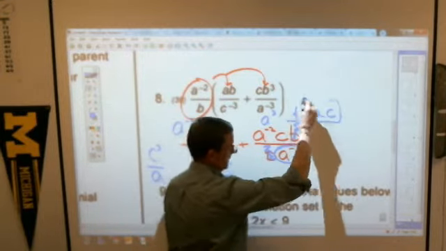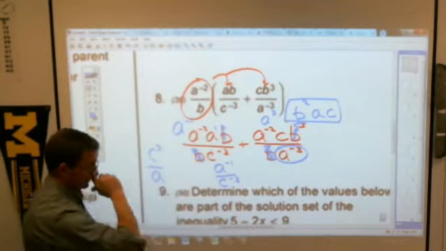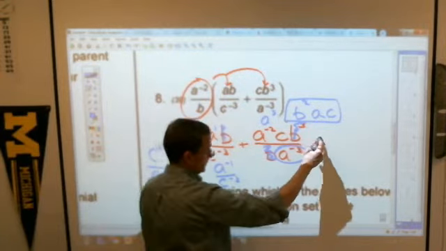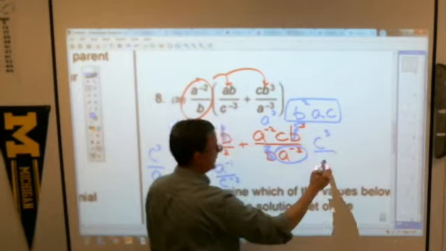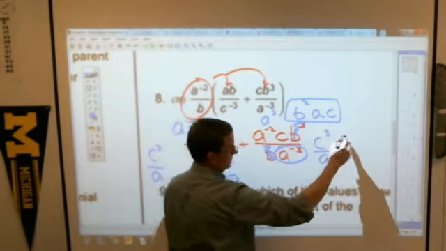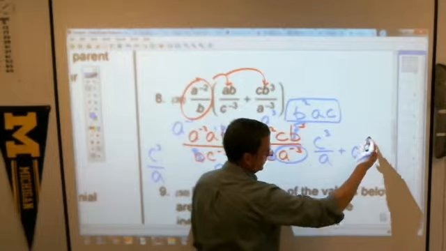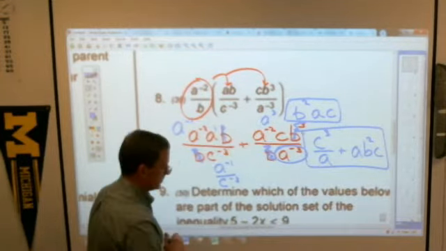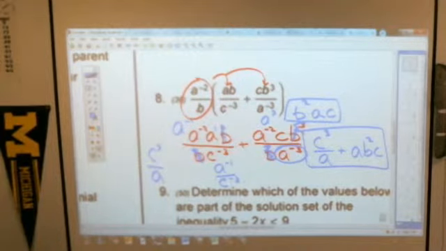So this is the second term simplified. Putting both of them where they belong, we get c cubed over a plus a b squared c. None of that is difficult. It is slightly confusing though. And you may want to use a little more paper than maybe I did there, but another way to do it, well, I'll just leave it like that.